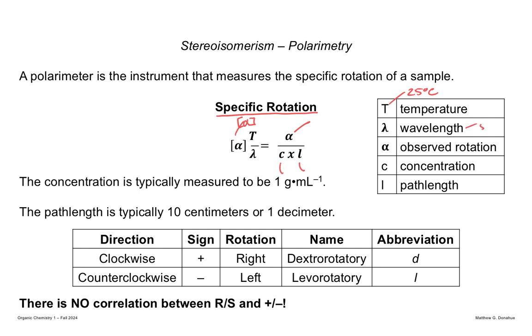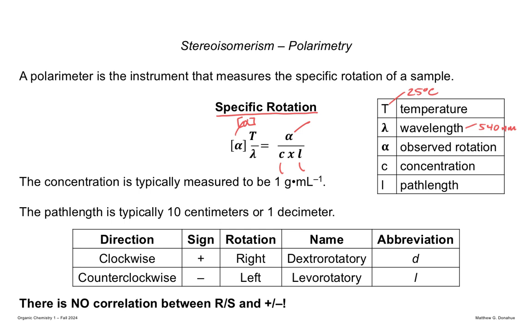Wavelength is 540 maybe nanometers. It's a sodium lamp. So when I was a kid, the street lights on my road were sodium arc lamps. They have like a yellow glow to them.